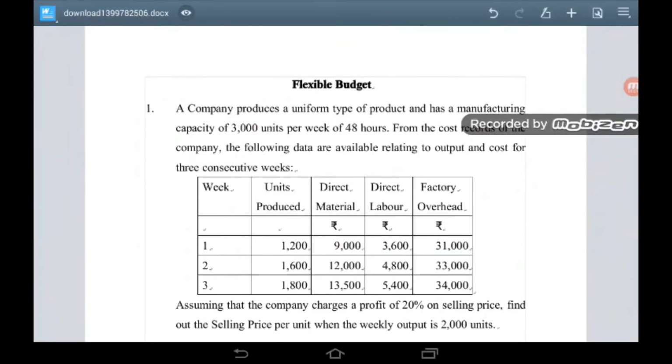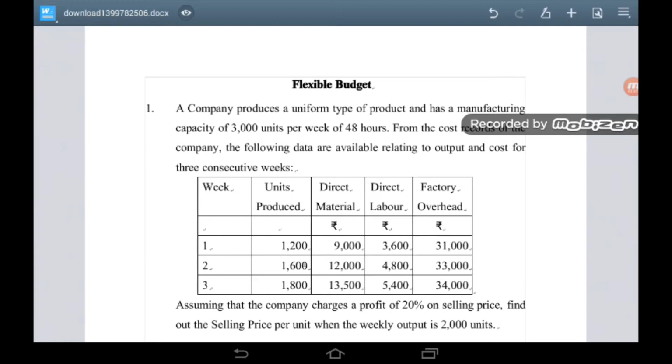A company produces a uniform type of product and has a manufacturing capacity of 3000 units per week of 48 hours. From the cost records of the company, the following data are available relating to output and cost for 3 consecutive weeks. So you have 5 columns. In week 1, units produced 1200, direct material cost rupees 9000, direct labor 3600 rupees and factory overhead rupees 31000.